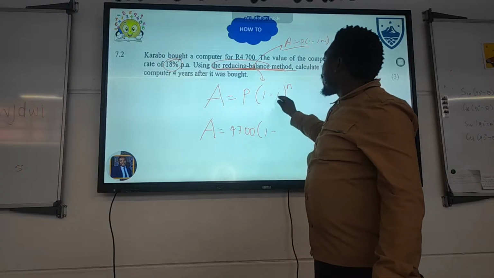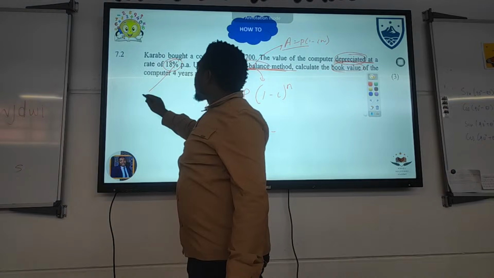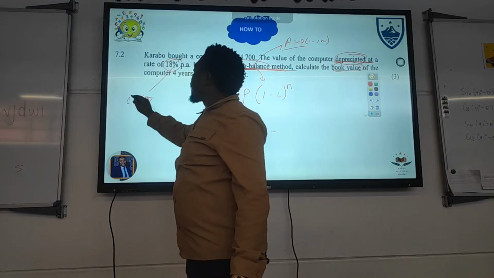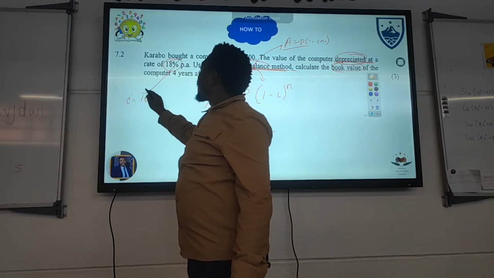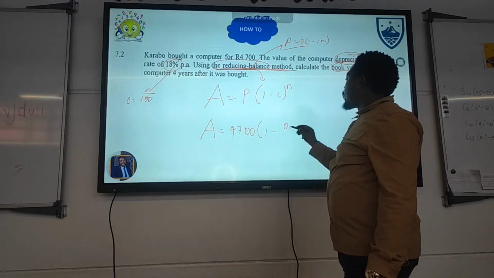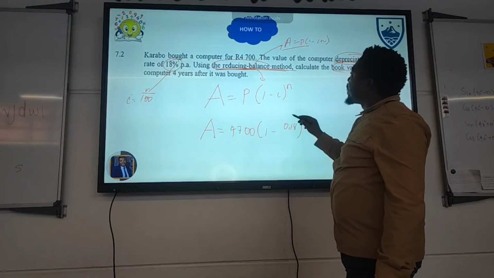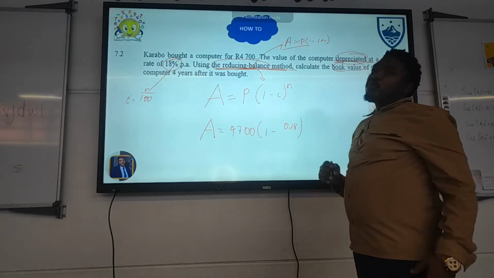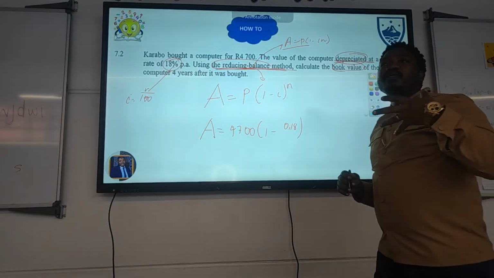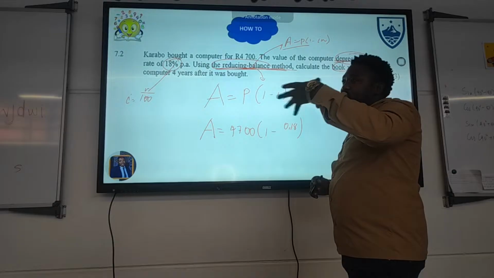1 minus our interest rate, which is actually 0.18, because we're going to divide this by 100 so that we can get our i. So this will just simply be 0.18. You can also verify it. And then the number of years, we need to see how much that computer will cost after those years.